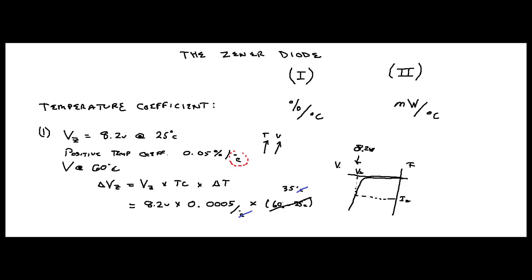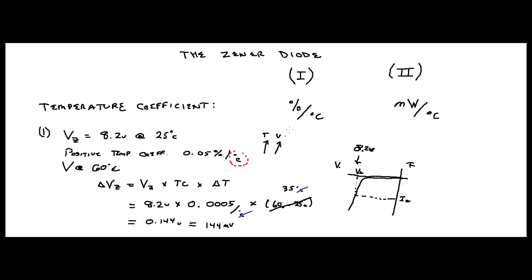So now, if you simply multiply that out, this is going to equal 0.144 volts, which is equal to 144 millivolts. All right? Now, that's going to be the change.